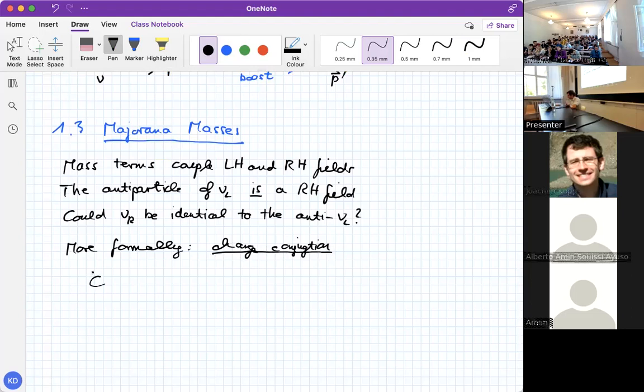It's an operator that takes a spinor psi and moves it to a spinor which we denote by psi c, the charge conjugate of psi, and that is defined as minus i times gamma 2 gamma 0 times psi bar transpose. So that looks rather ugly. But it will become clear in a moment why this is the right definition.